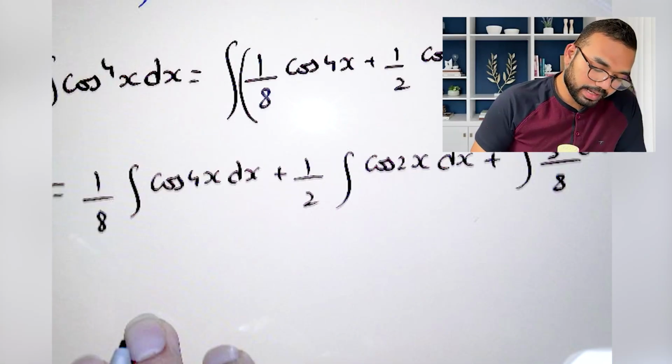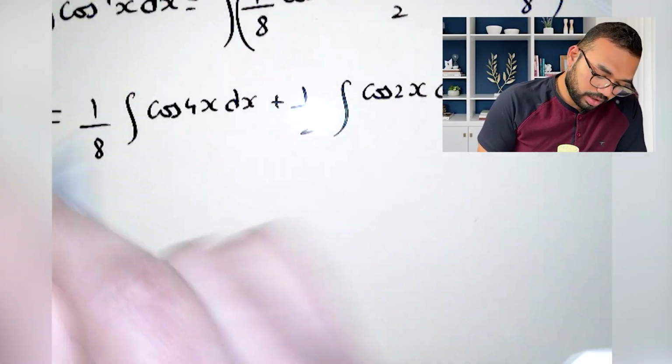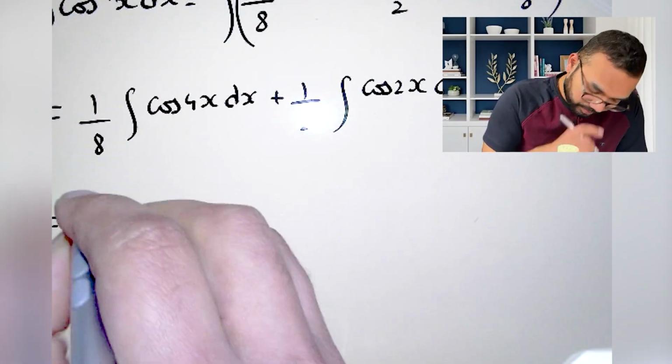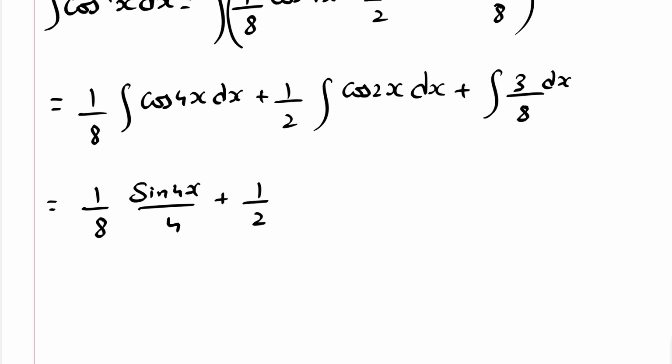So if I apply this formula here, it is going to be 1 by 8 sine 4x by 4 plus 1 by 2 sine 2x by 2 plus 3 by 8 x plus c.